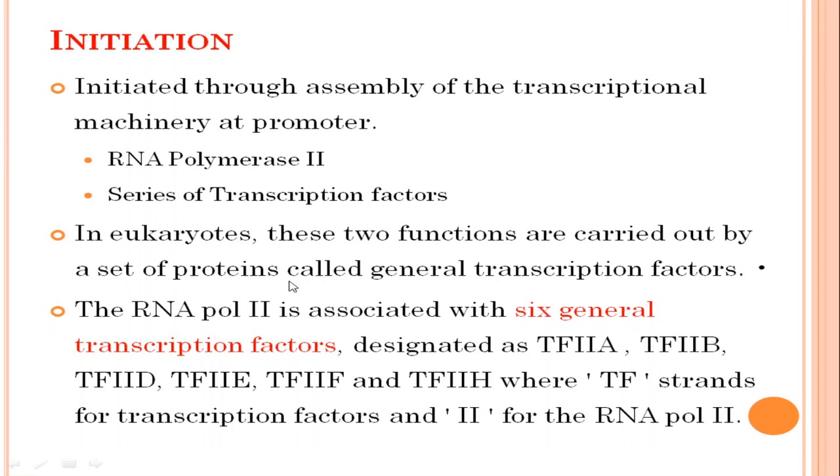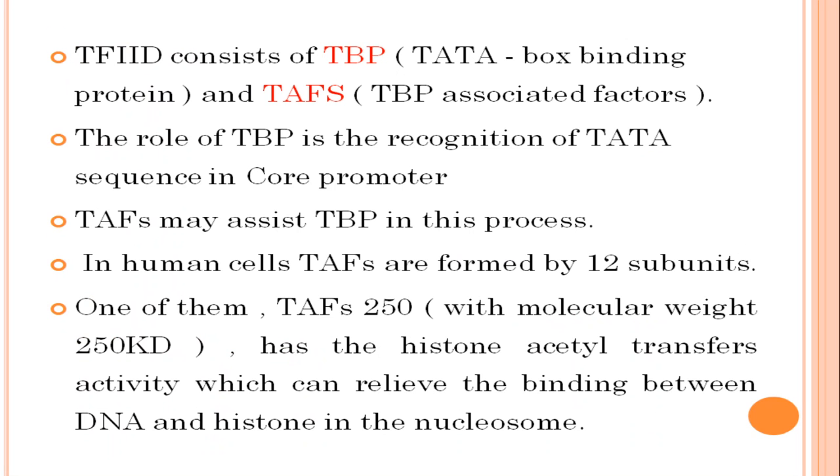They are designated as TFIIA, TFIIB, TFIID, TFIIE, TFIIF and TFIIH, where TF stands for transcription factor, II stands for the factors involved in the role for RNA polymerase II, and the last letter A, B, D, E, F and H designates the individual factor. The 6 general transcriptional factors play a significant role in initiating the process of transcription.